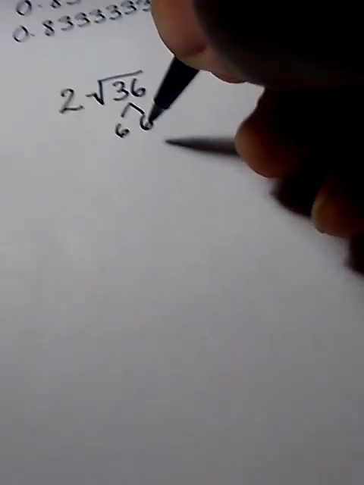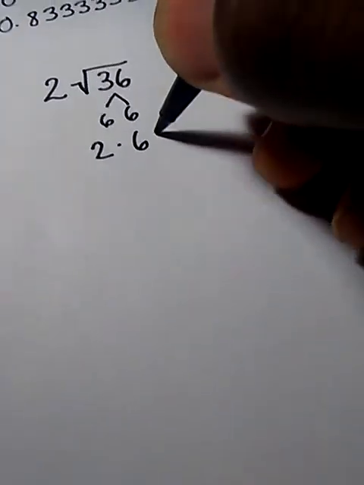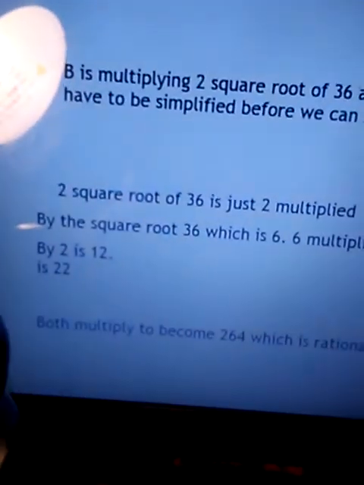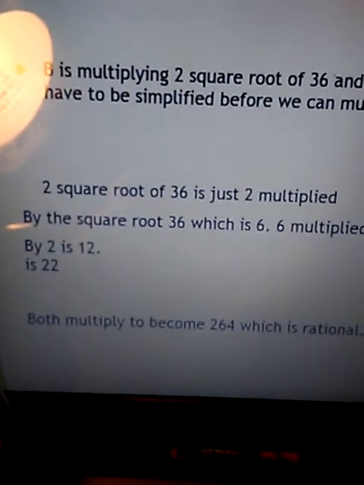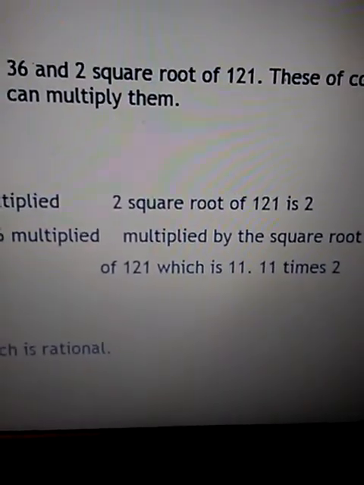That would be 6. So it would be 2 times 6, which is 12. So 2 square root of 36, the square root of 36 being 6, multiplied by 2 is 12. Now, 2 square root of 121.